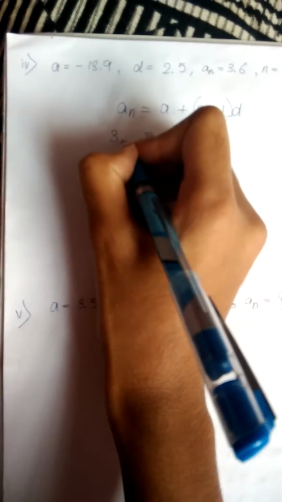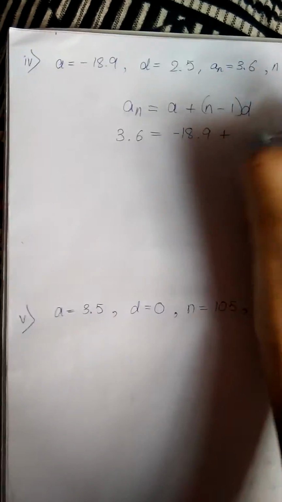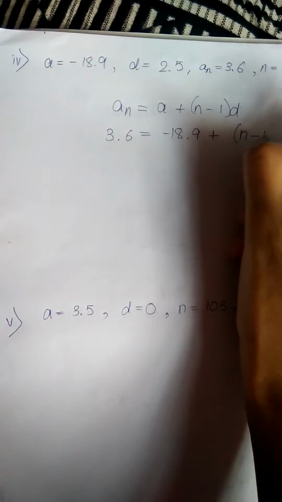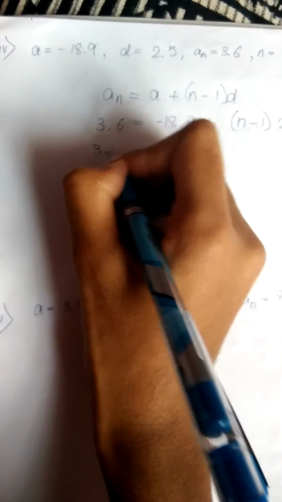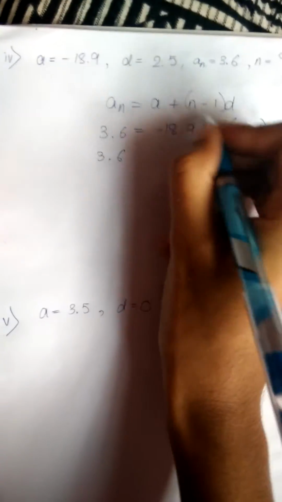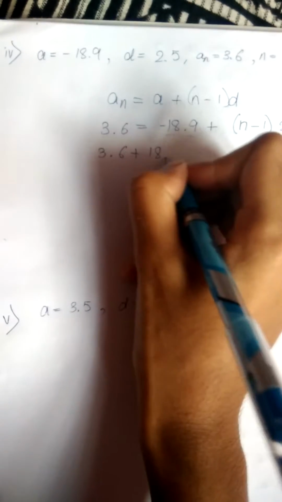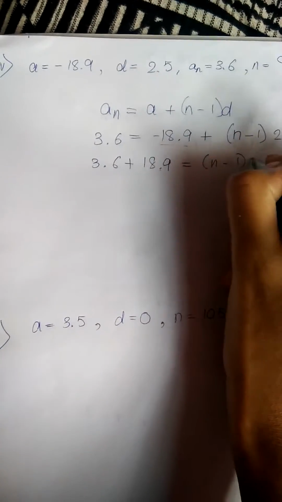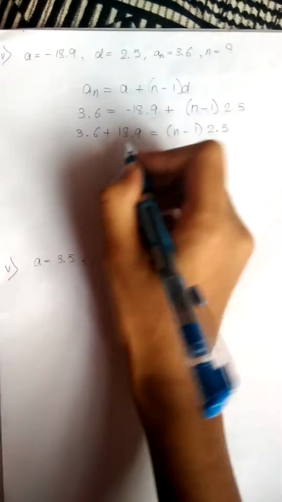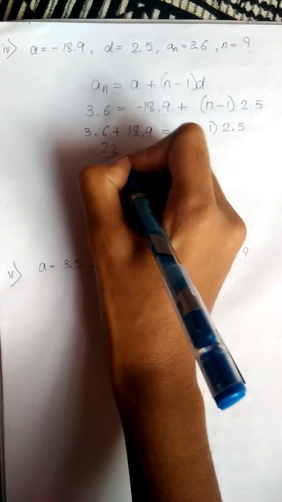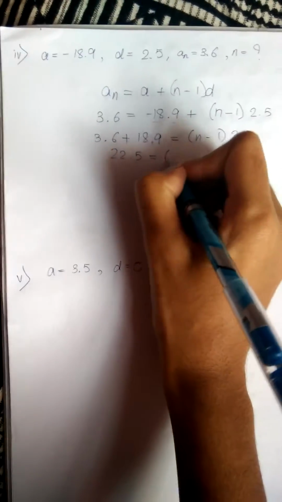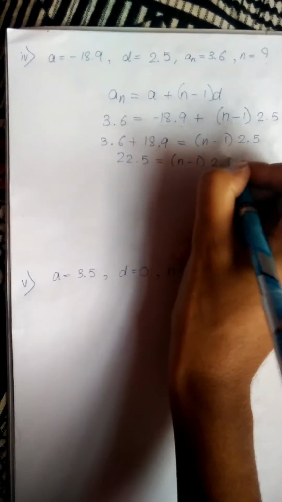An is given as 3.6, n is unknown, put it as it is, and d is 2.5. 3.6, let's take a to the other side, it becomes plus 18.9 when it goes to the left hand side, equals (n minus 1) 2.5. 3.6 plus 18.9 is 22.5, which equals (n minus 1) 2.5.